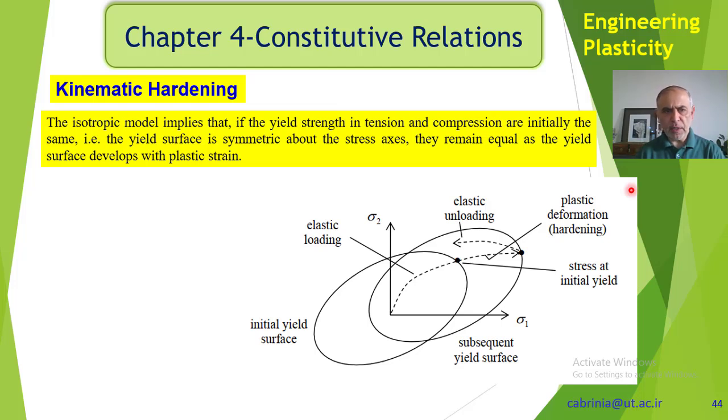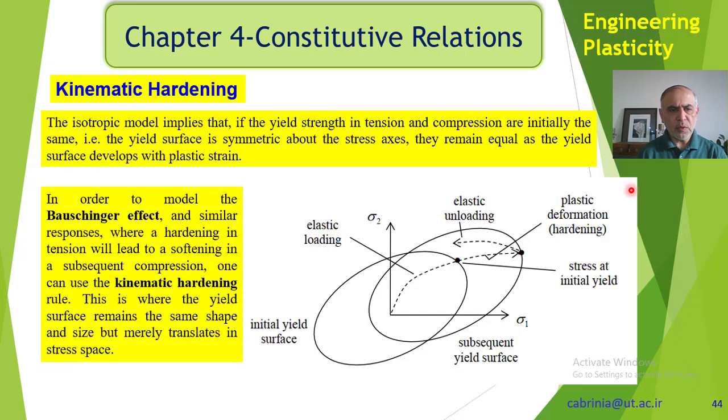They remain equal as the yield surface develops with plastic strain. But for kinematic hardening, the name implies that it moves. Kinematic, what moves? The yield surface. As you can see here, that is the initial yield surface, and that's the subsequent yield surface.